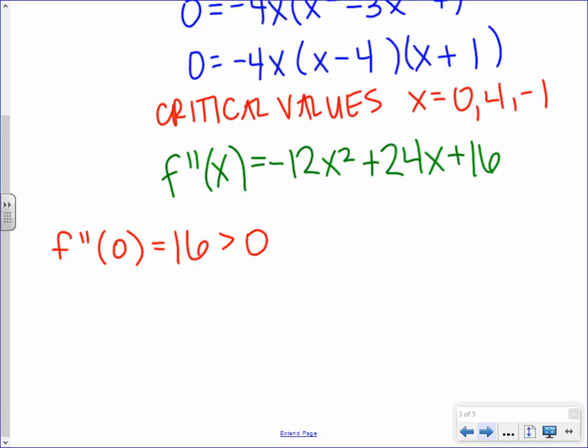If our second derivative is positive, that means we are concave up, which means our critical point is a relative minimum. So we have a relative minimum at x equals 0.